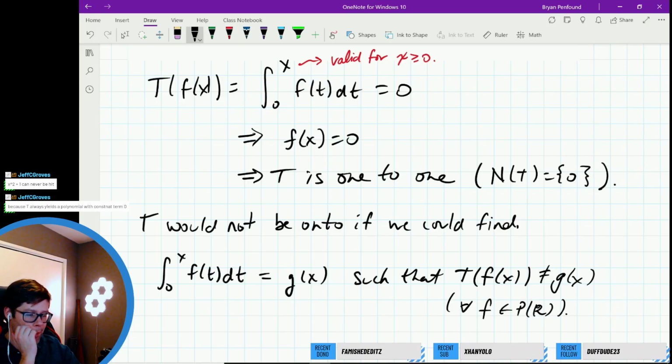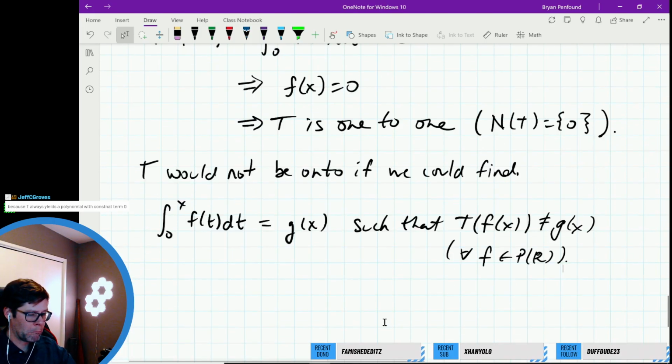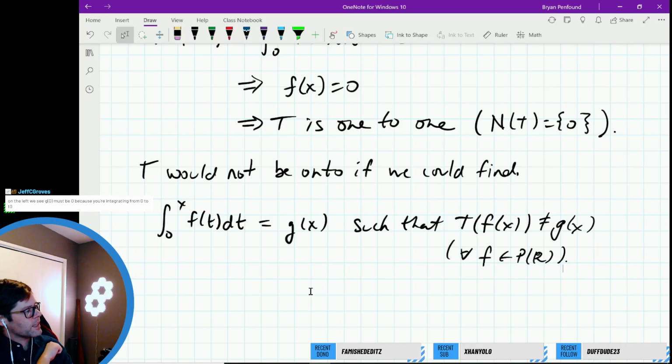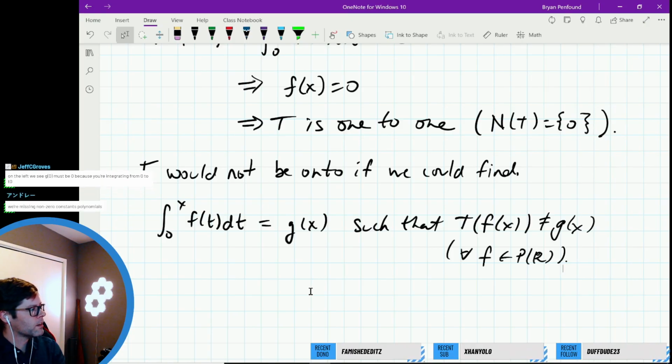That seems hard too. This seems maybe more reasonable than the one-to-oneness, but this also seems pretty hard. Could I show that I can't find an f that makes that work? So Jeff is suggesting that x squared plus 1 can never be hit.